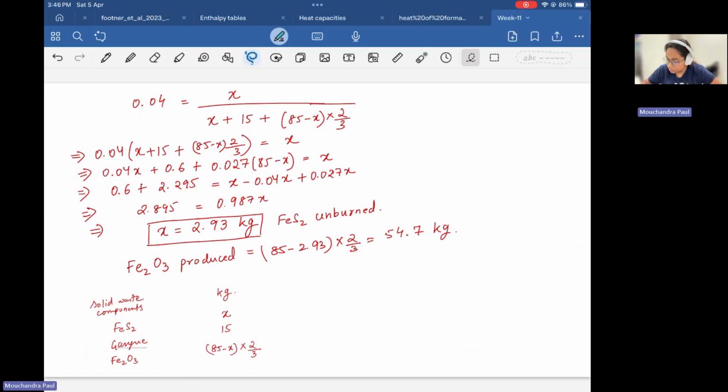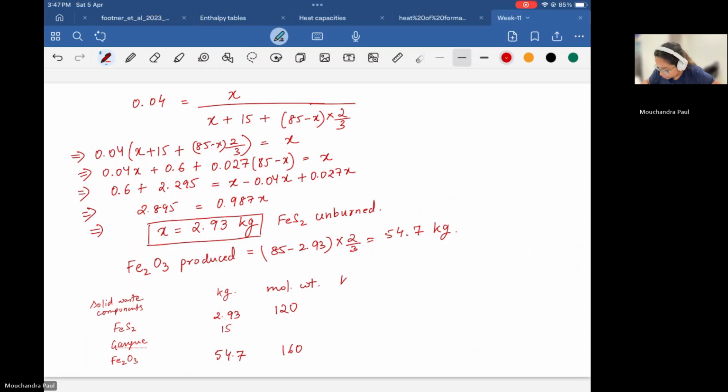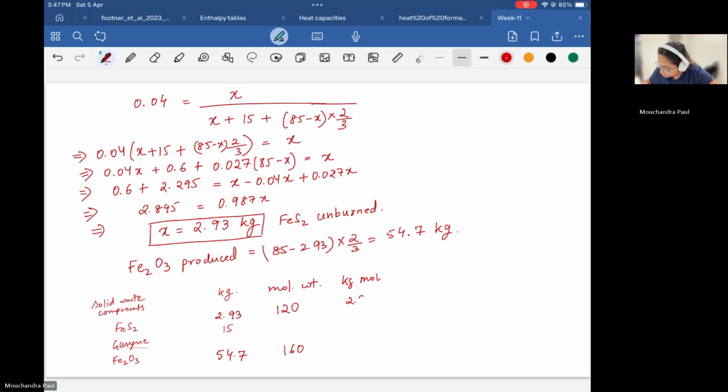So overall, this is the composition that we wrote. If we substitute here the value of x with 2.93 and the expression of Fe2O3 as 54.7, and we know the molecular weight of FeS2 is 120 and this is 160, then what are the individual kg moles? 2.93 by 120 and this is 54.7 by 160.